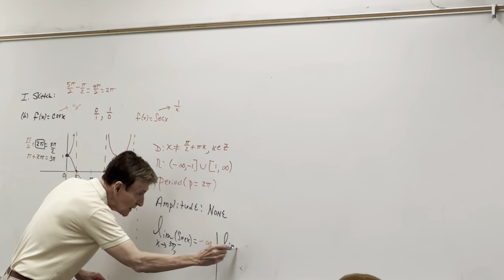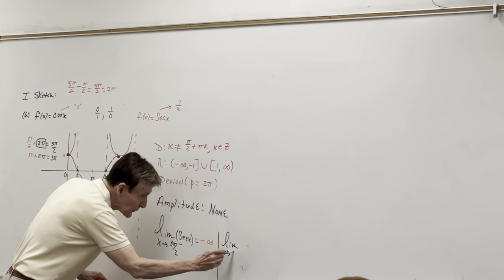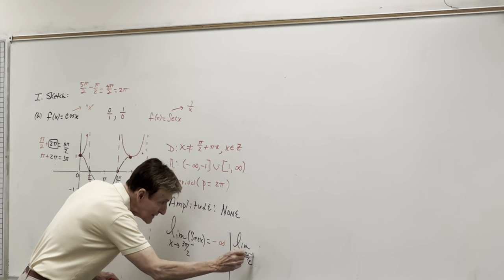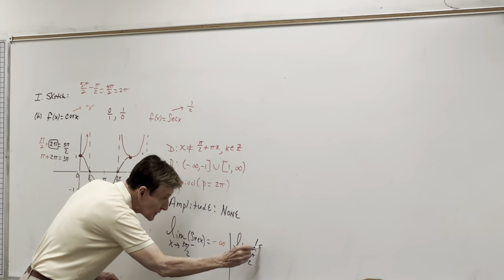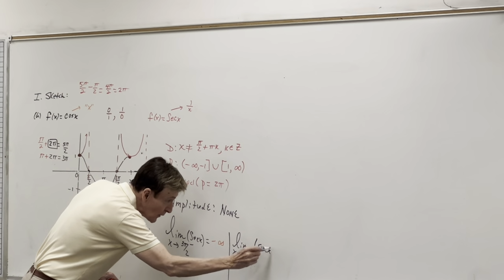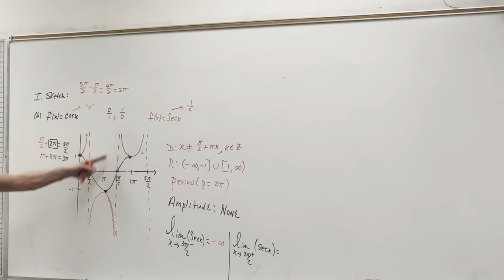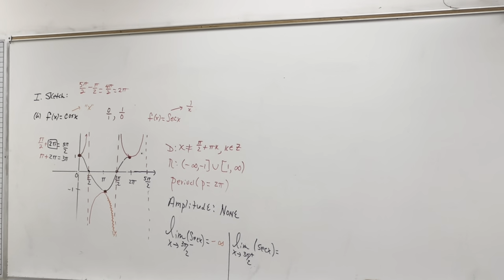Okay, limit, as x is approaching 3 pi over 2, now let's use a superscript of a positive sign. Secant graph. Now I'm approaching the same asymptote, 3 pi over 2, but this time stay on the right-hand side of it. That's what that positive sign says.